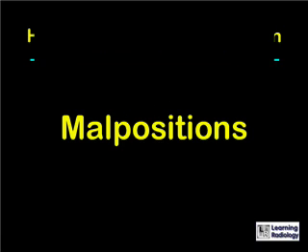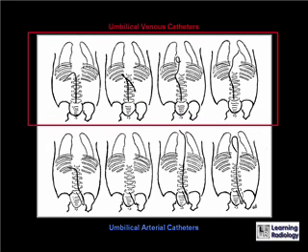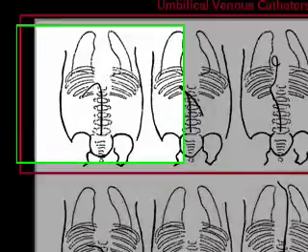Here are some examples of malpositioning of umbilical arterial or umbilical venous catheters. Here's a series of diagrams from an article which appeared many years ago, for which I can't find the original reference, but I thank the individuals who first published these. The top four are umbilical venous catheters that are not in correct position.